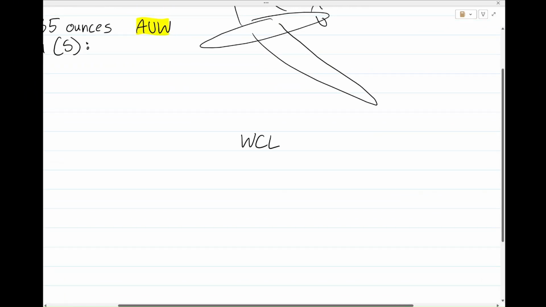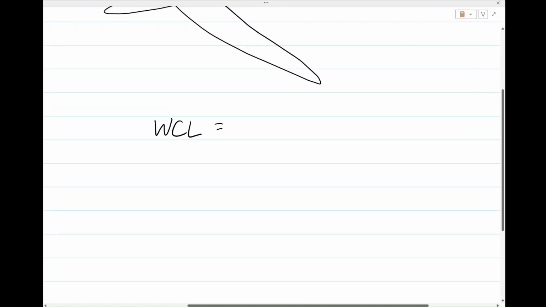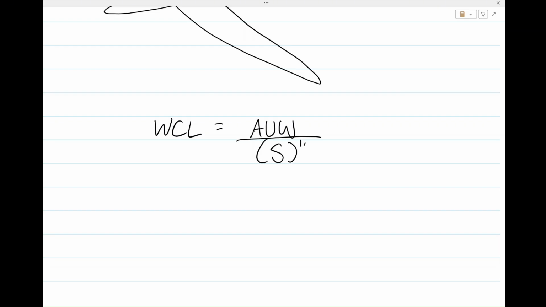So we have wing cube loading, and all up weight in ounces divided by my wing area, S to the power of 1.5. I'm going to solve for S. That gives us all up weight times wing cube loading. I'm going to have to move that exponent to the other side.